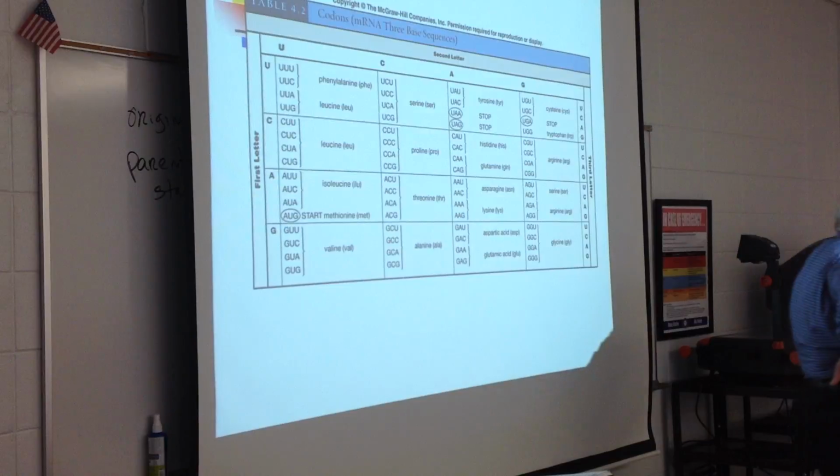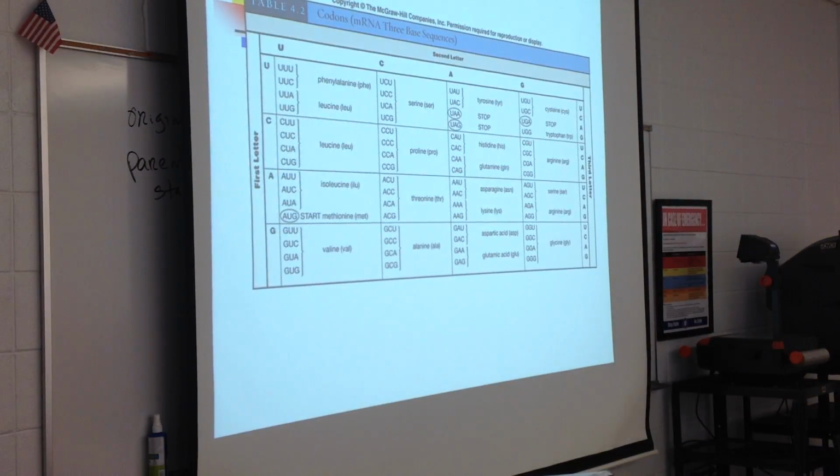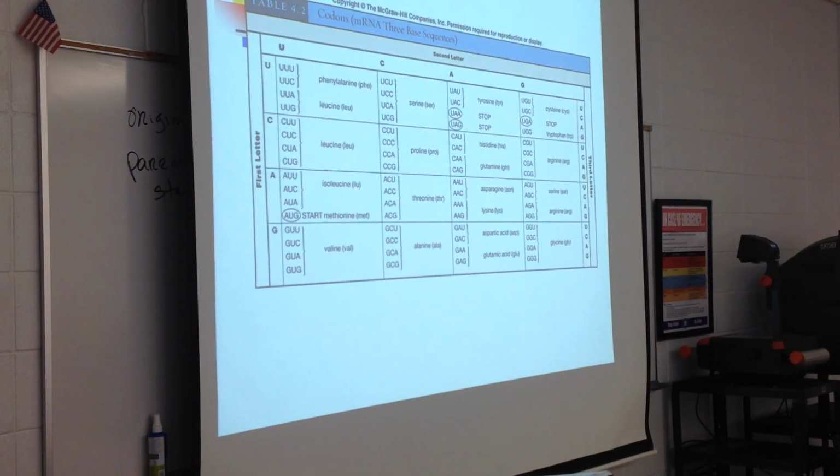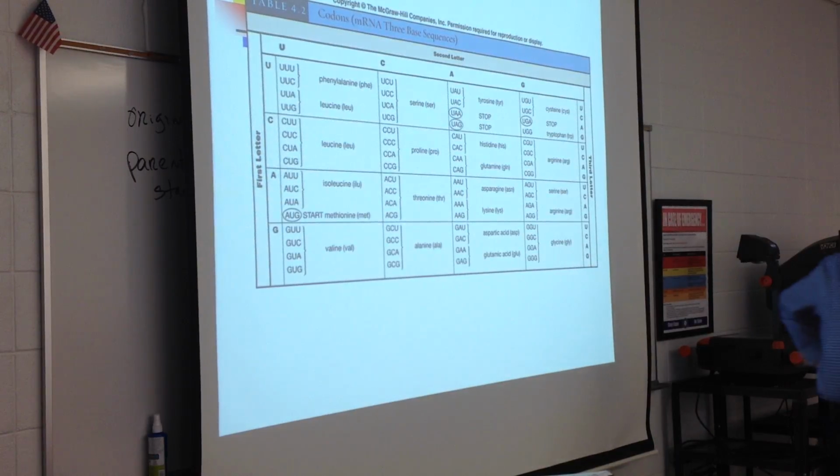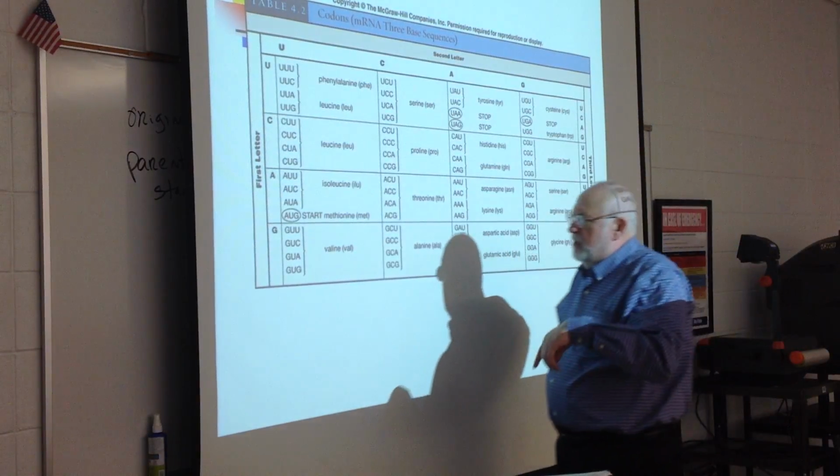So MET is just simply the standard abbreviation for methionine. And you'll notice that each amino acid has numerous codons that specify it. But the start is always that AUG. So we'll look for it here in a bit.